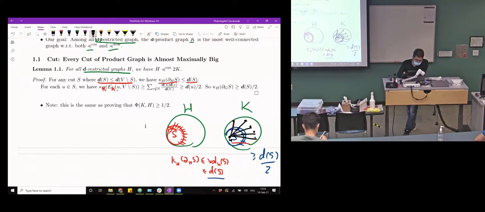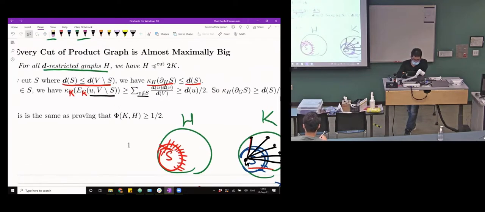That's what I want to count. You're just summing over all V outside the cut S, and this is going to be d_u times d(V minus S) over d(V).